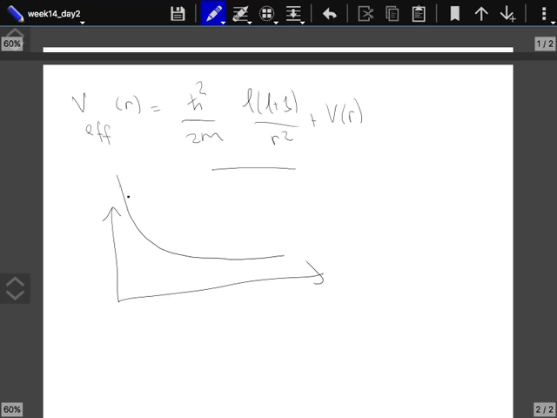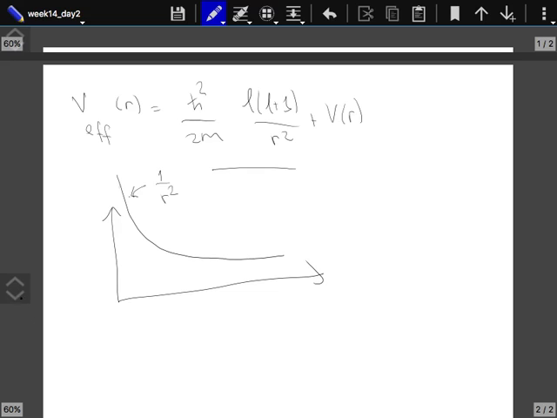This is 1 over r squared. As long as V of r is not more negative than minus some coefficient times 1 over r squared, the effective potential is always positive at r equal to 0. There is always a repulsion at r equal to 0, which basically states that the particle cannot reach the point r equal to 0.